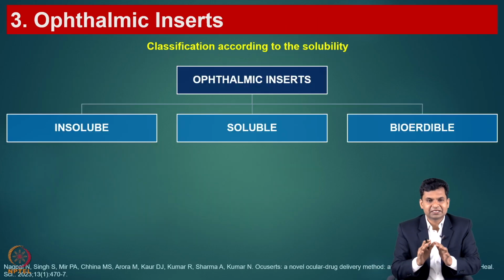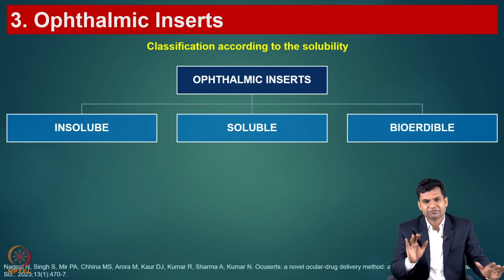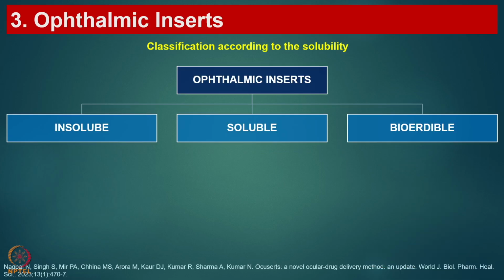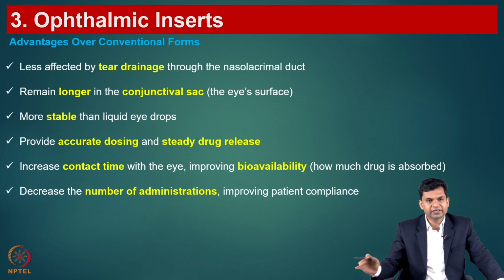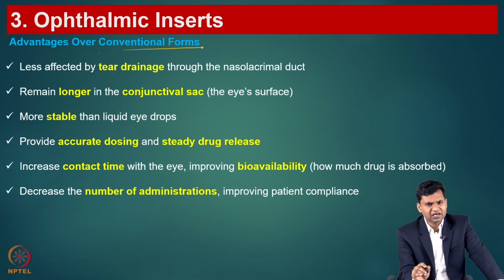Now, these can be classified into three categories. The first one is insoluble, the second one is soluble, and the third one is bioerodible. So, this is classified based on solubility. Here are a few advantages compared with conventional dosage forms.